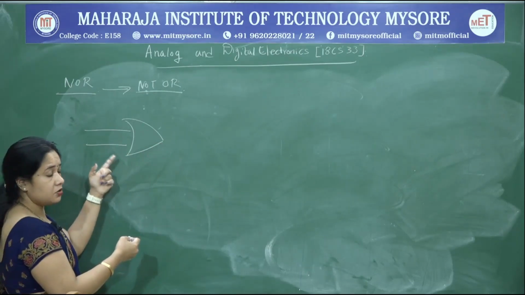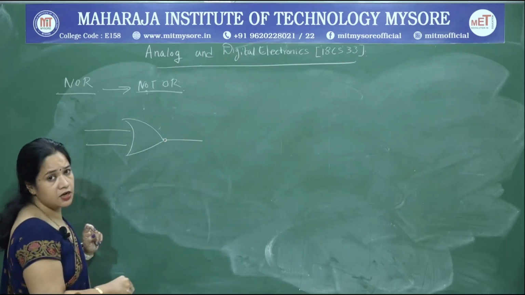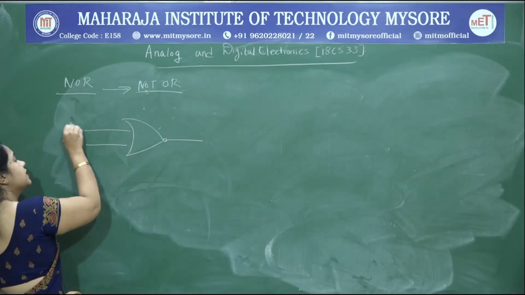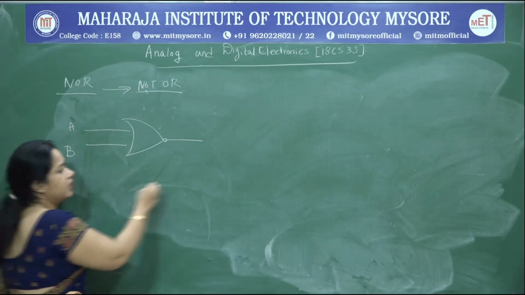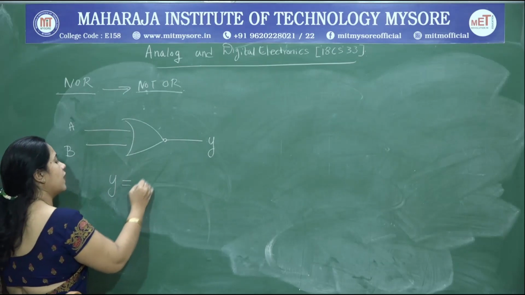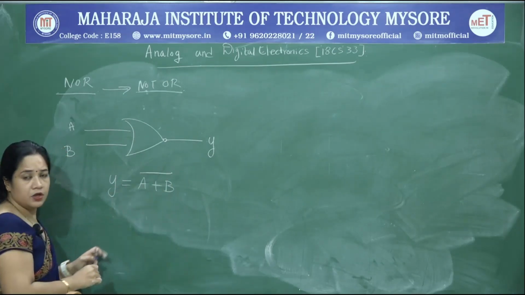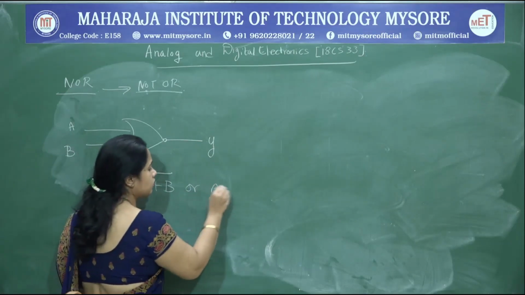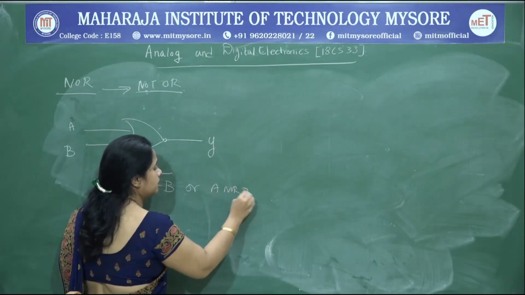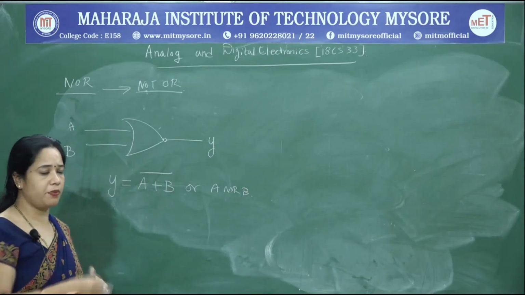Because it is a NOR, we put a notch here indicating it is a NOR gate. Again if I consider the inputs as A and B and Y is the output, we write the expression for Y as (A plus B) whole bar, or A NOR B. So, this is just going to invert your OR operation.